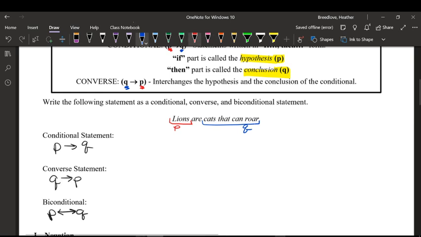So I'm going to write this as a conditional statement first, an if-then statement. So if it is a lion, which clearly I'm talking about an animal when I say it, but I'm just kind of making it short for notes. If it is a lion, then it is a cat that can roar.